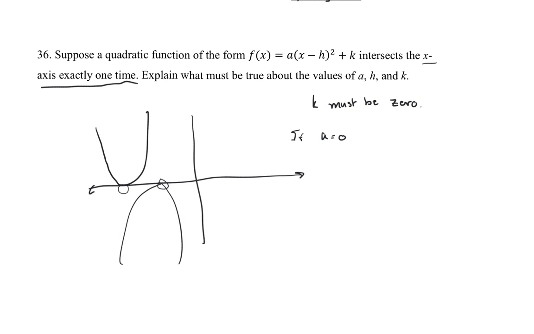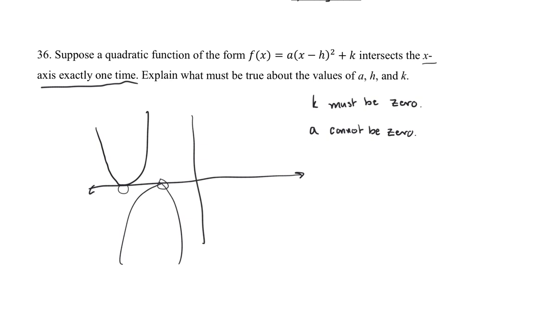So in addition to k has to be 0, we also know that a cannot. And again, that's just because if a were 0, we'd have the x-axis and it would touch it not just once, but an infinite number of times.